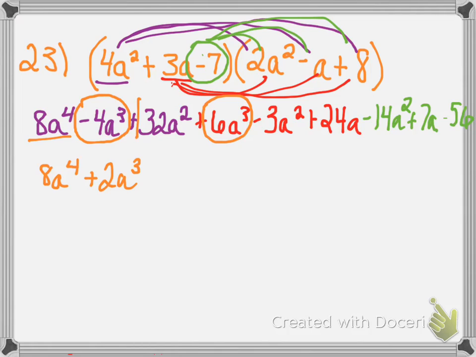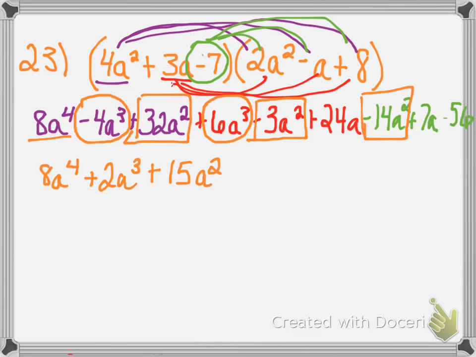Then you have 32a squared, negative 3a squared, and negative 14a squared. So 32 minus 3, that's 29, minus 14 is 15a squared.